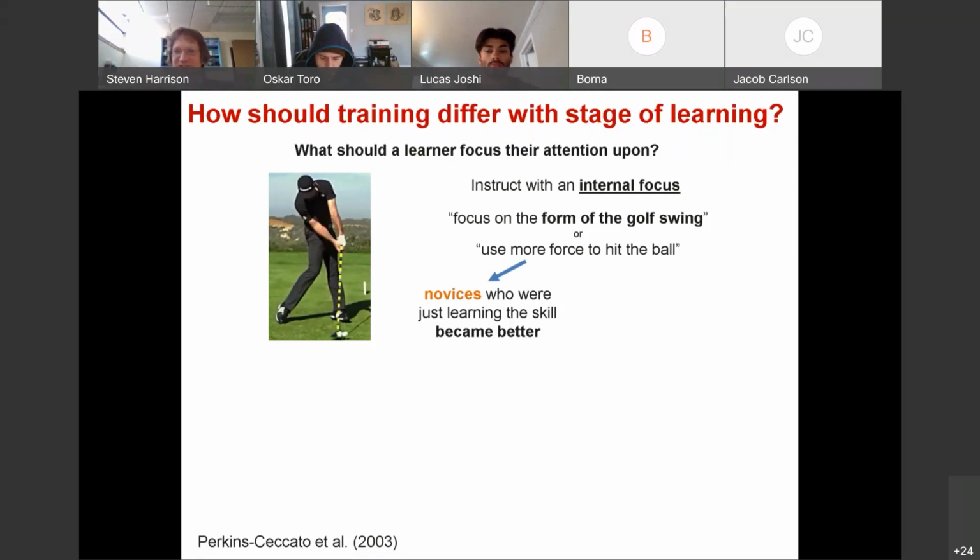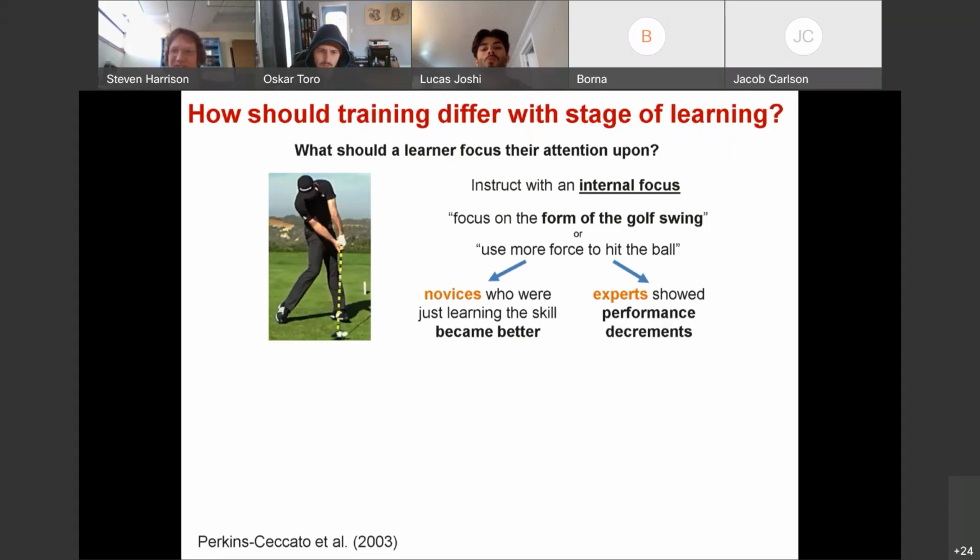Okay, the general rule of thumb that we get from this is that novices who are just learning the skill are going to become better at performing the skill if you give them an instruction with this type of focus. An expert, if you give the exact same instruction to, is going to show a performance decrement.